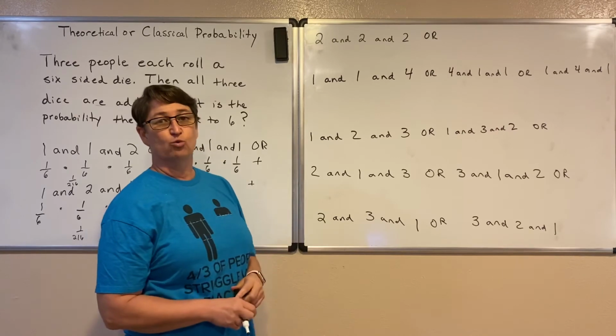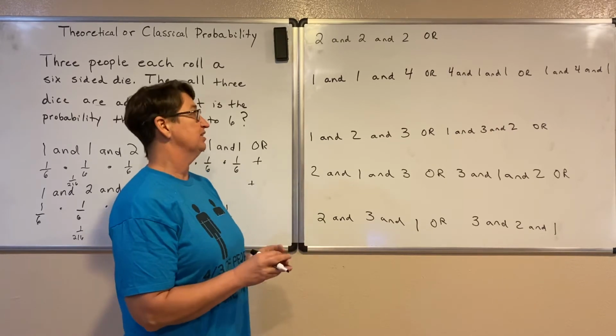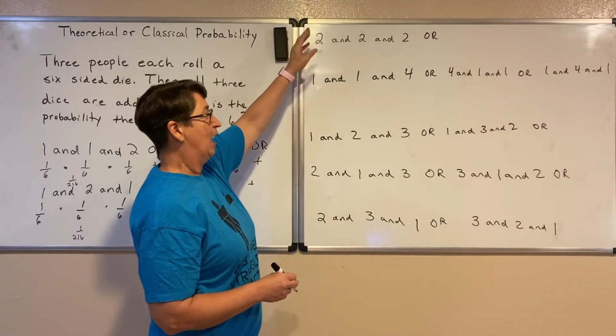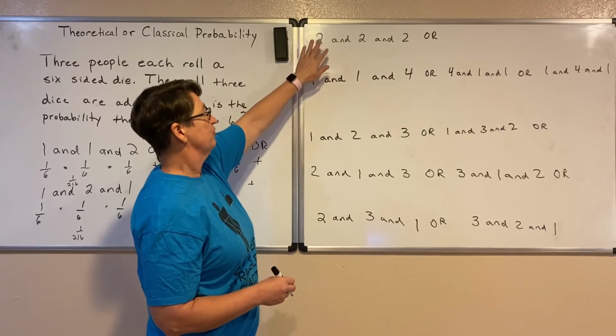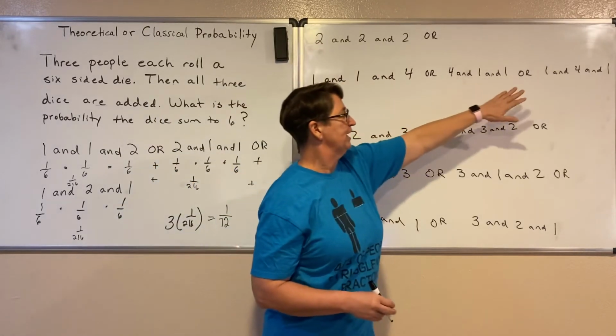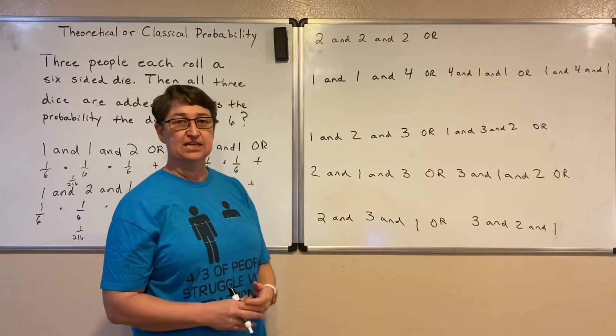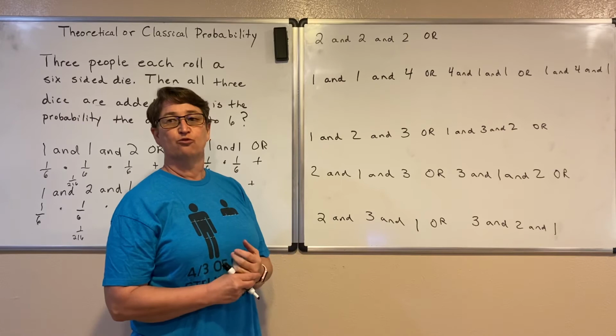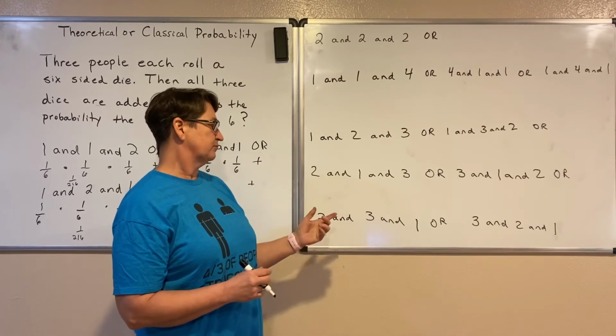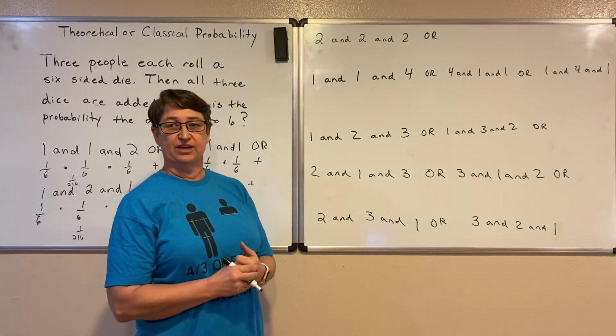These are all the different ways that they could sum to be 6. Let's look and see how many different ways there were. There's 1, 2, 3, 4, 5, 6, 7, 8, 9, 10 total different ways for us to get a sum of 6.